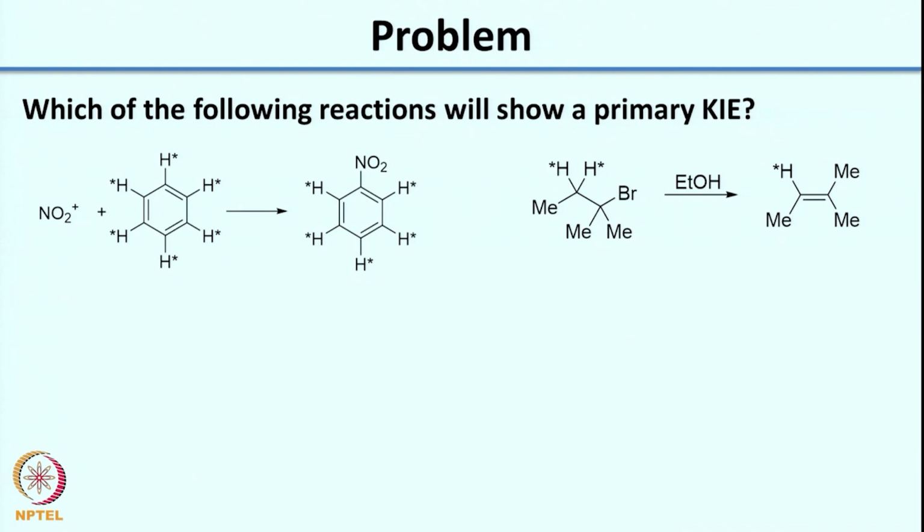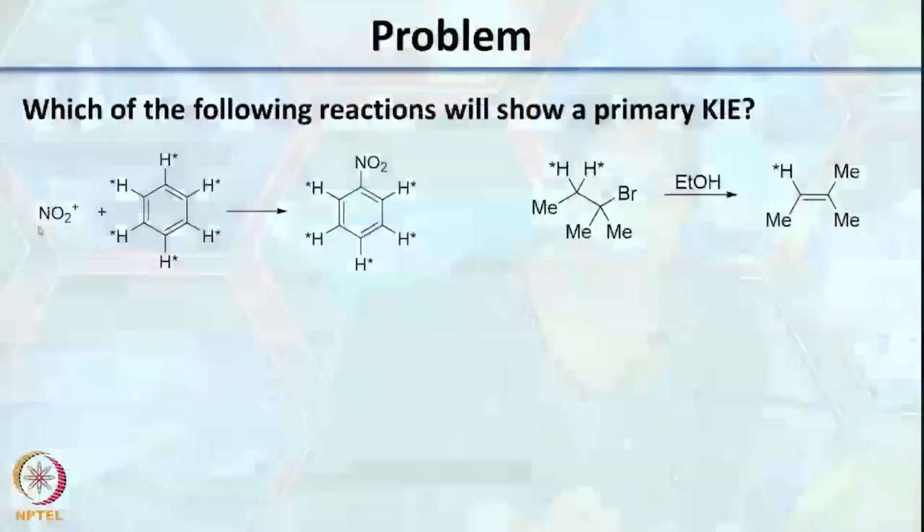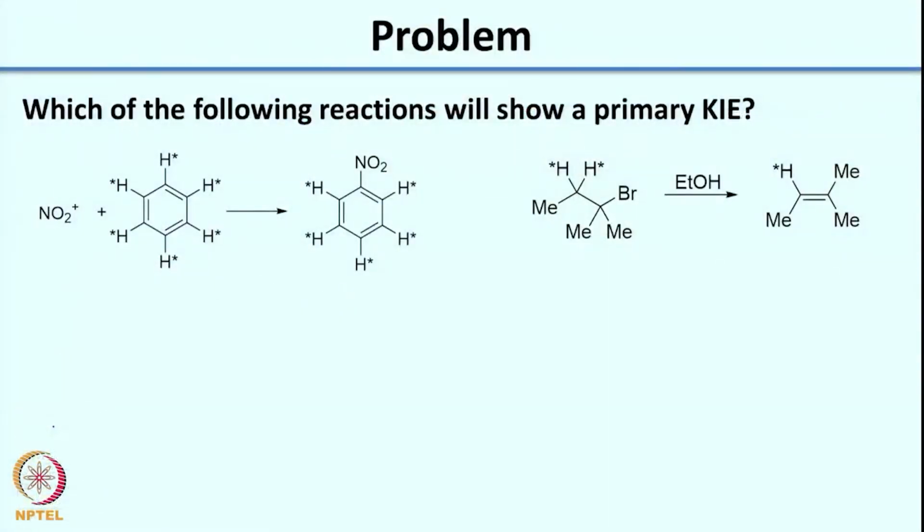Now, when you think of the electrophilic aromatic substitution reaction, the first step here is generation of the electrophile. So you have HNO3 plus H2SO4 which gives you NO2 plus. Now, this reaction is known to be very slow.